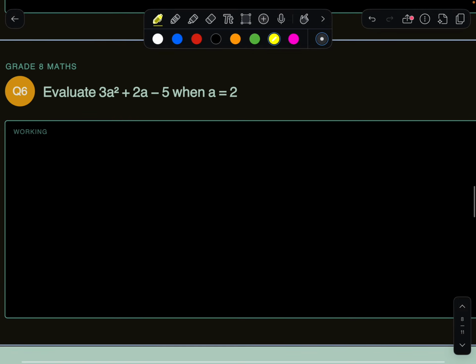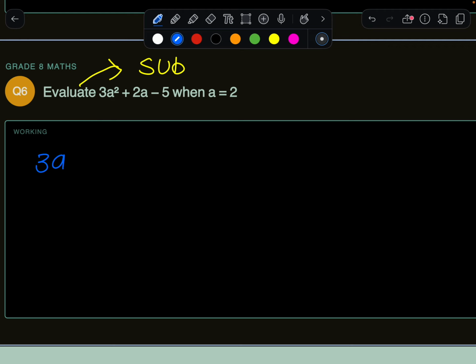Evaluate. As soon as we see evaluate, remember that means substitute. So evaluate this when a is 2. We've got 3a squared plus 2a minus 5. We put 2 wherever there's an a: 3 times 2 squared plus 2 times 2 minus 5.